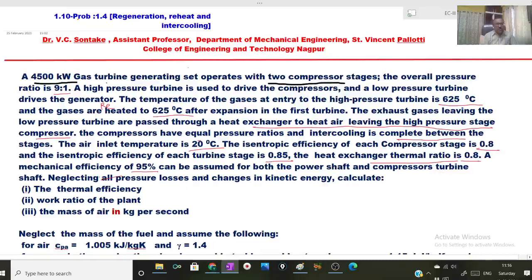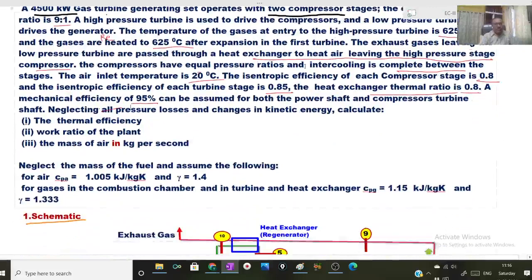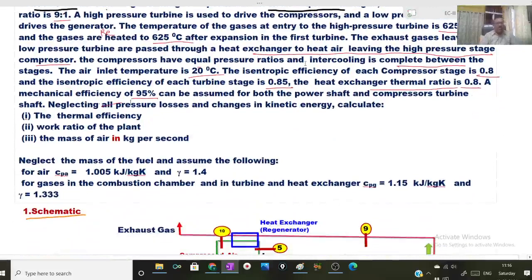Neglecting all pressure losses and changes in kinetic energy, calculate the thermal efficiency, work ratio of the plant, and the mass of air in kg per second. Neglect the mass of the fuel and assume the following.